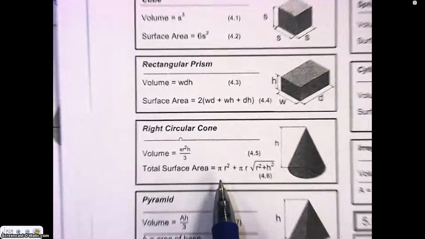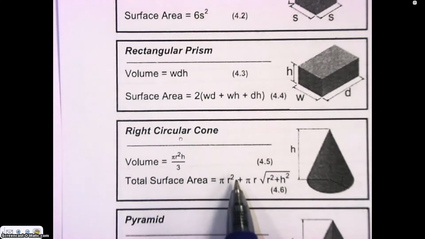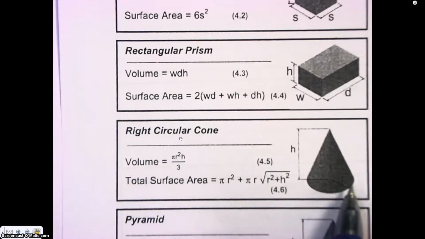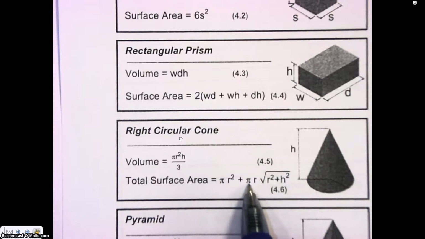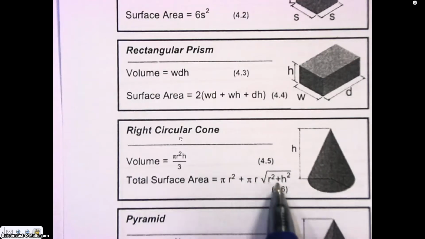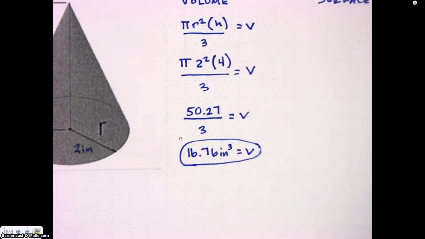The formula for surface area is pi r squared. That's for the base of the circle, finding the area of the circular base for our cone, plus pi r squared times the square root of r squared plus h squared. And so I'll go ahead and write that down.